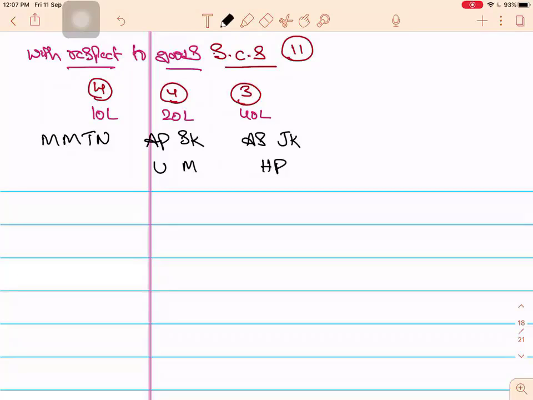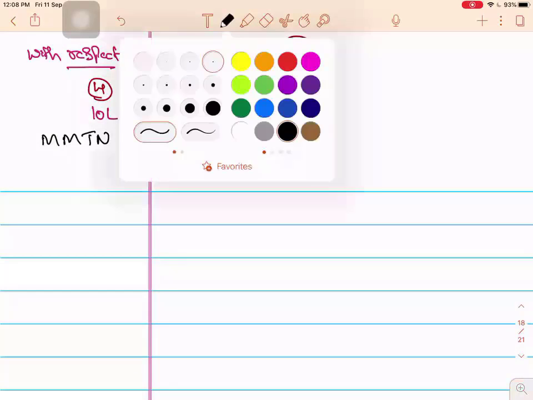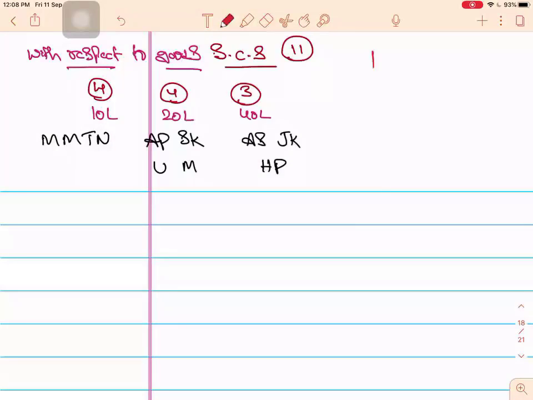And the rest of India, with respect to goods, the limit is 40 lakhs. Understood?